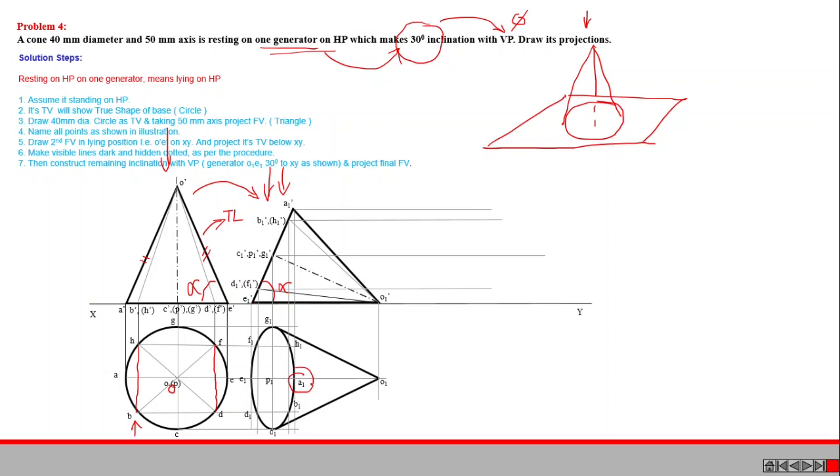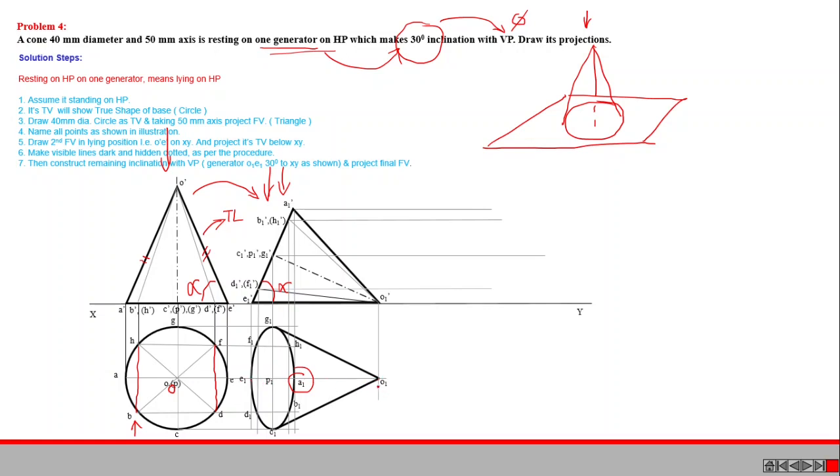Then while observing this particular top view, we can see that the top view of E1 dash O1 dash is also in true length, because E1 dash O1 dash is parallel to the XY line. That means its top view must be in true length.